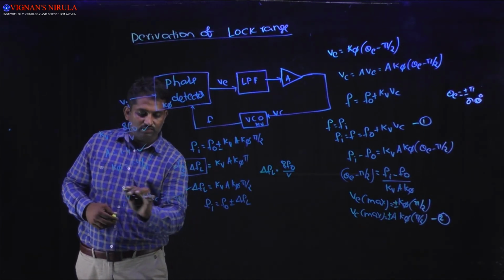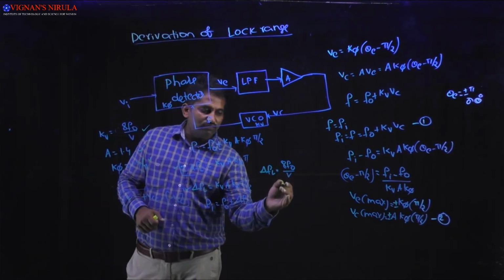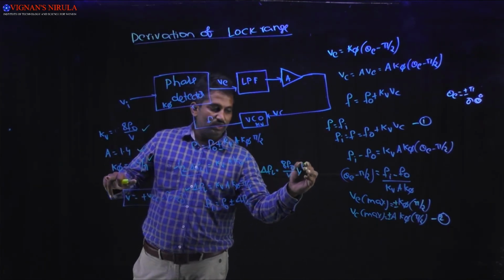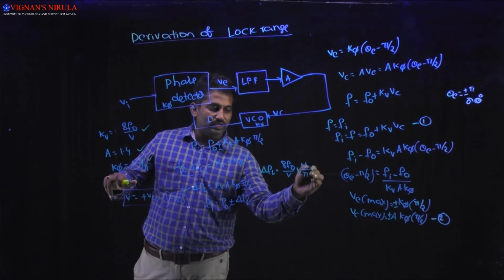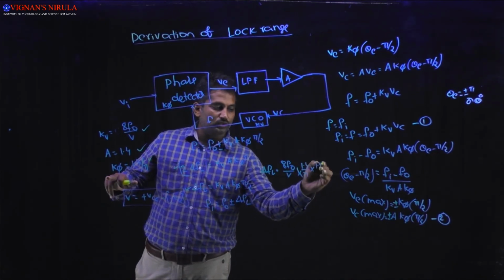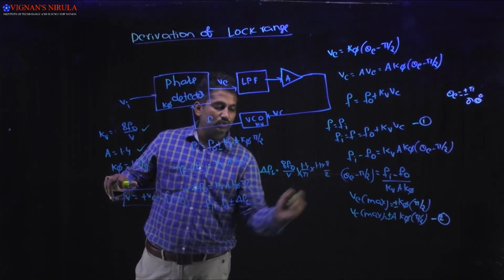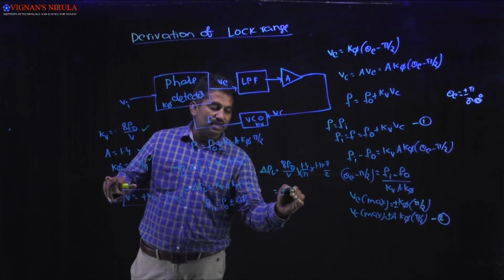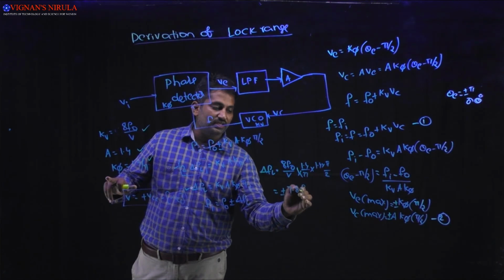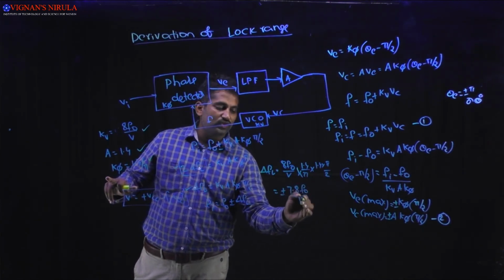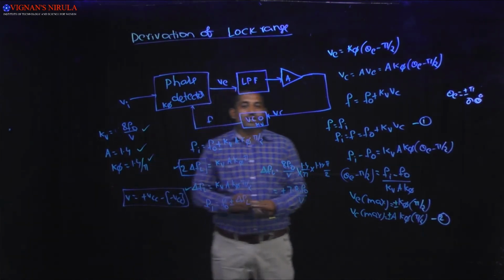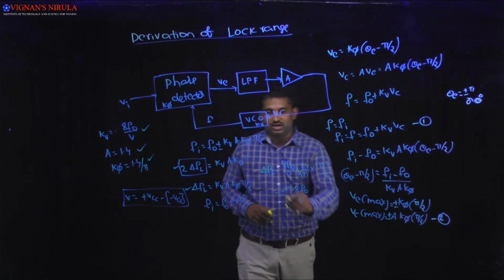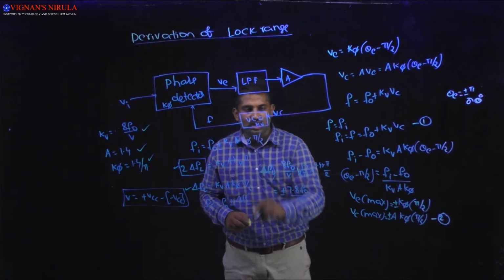So 8 f0 divided by V into 1.4 divided by pi into 1.4 into pi divided by 2. If you calculate this value, you will get plus or minus 7.8 f0 divided by V, which is the derivation of the lock range delta fL.